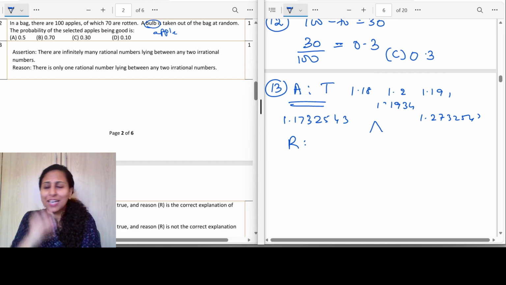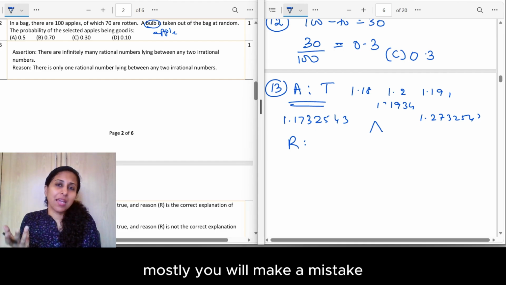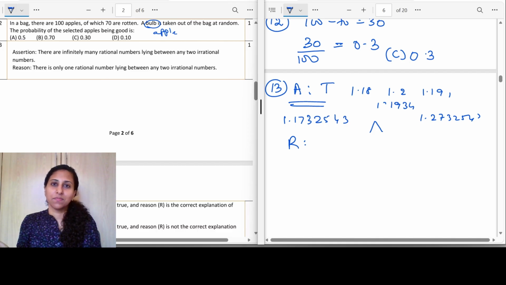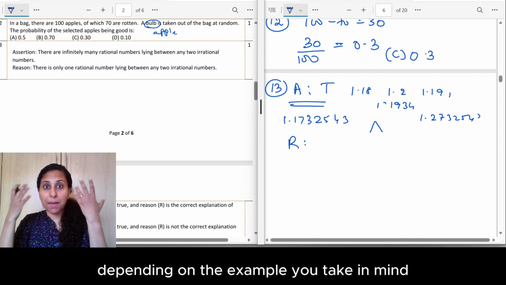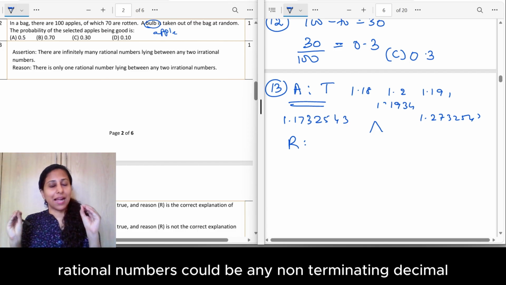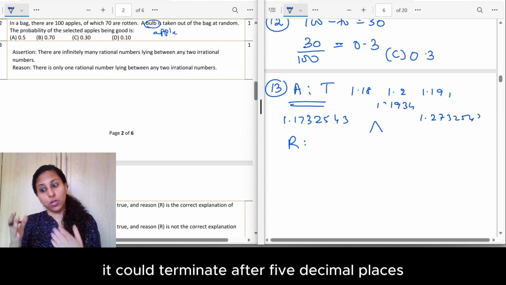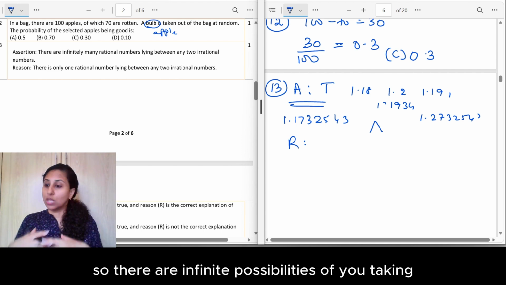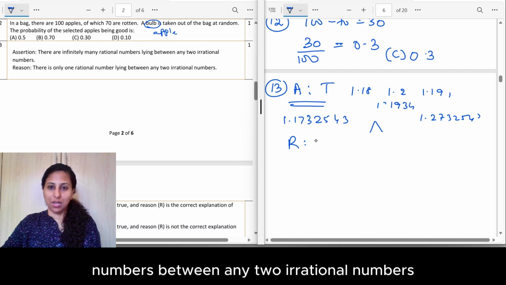No. Mostly you will make a mistake if you're going to think of rational numbers only as integers over here. Then definitely, depending on the example you take in mind, you may make a mistake. Don't do that. Remember, rational numbers could be any terminating decimal. It could terminate after 5 decimal places, 6 decimal places, doesn't matter. So there are infinite possibilities of you taking numbers between any two irrational numbers.